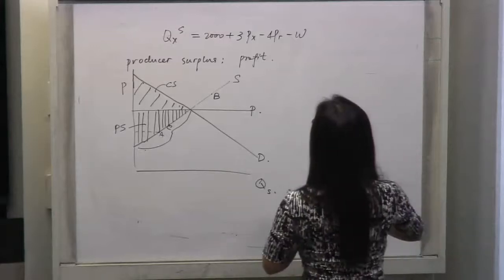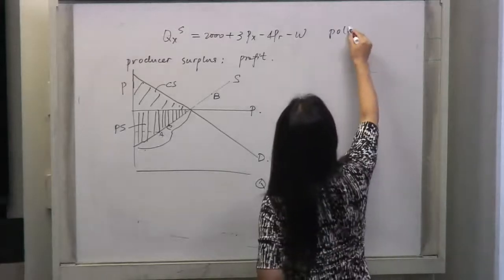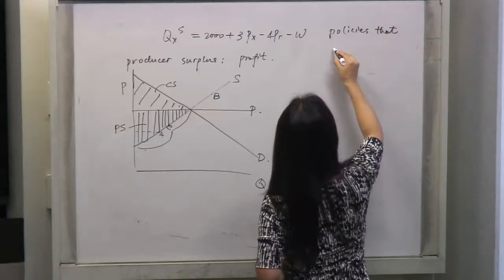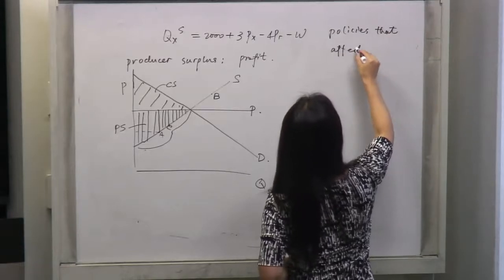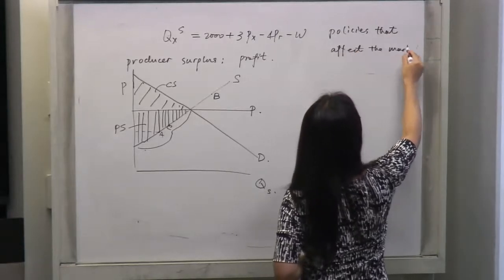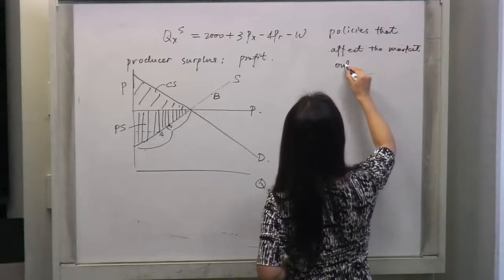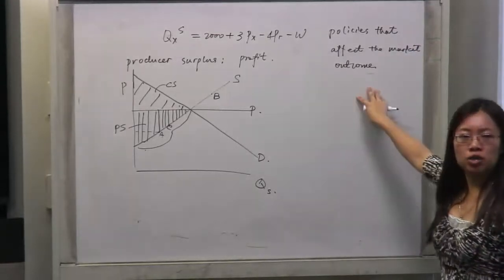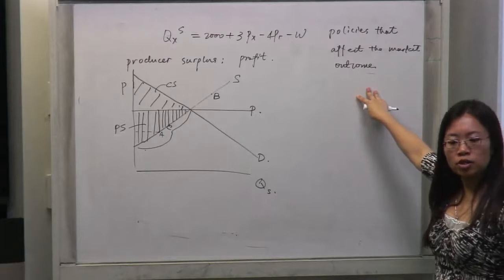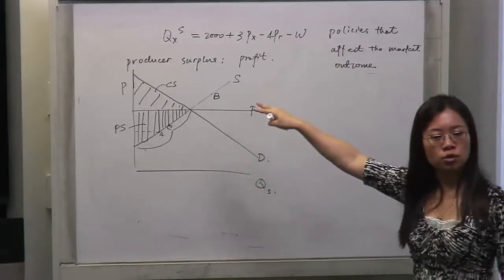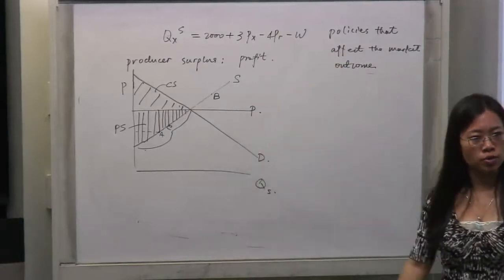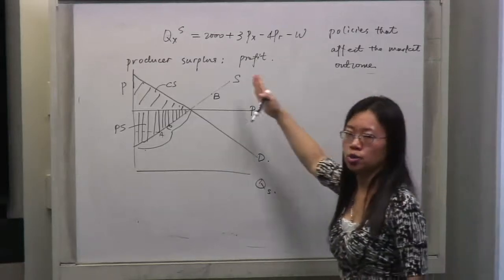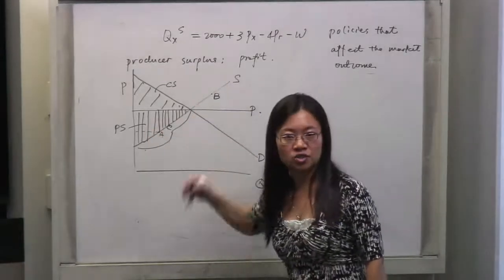So next we're going to talk about policies that affect the market outcome. What we want to see here is, first, how the policy is going to affect consumer surplus or producer surplus, and how the policy eventually affects the social welfare and the efficiency.